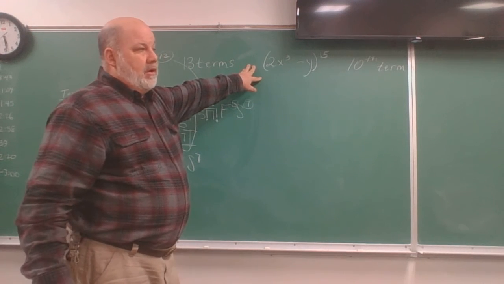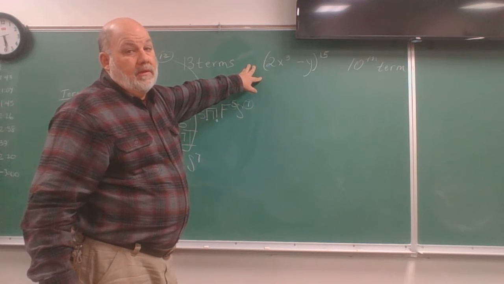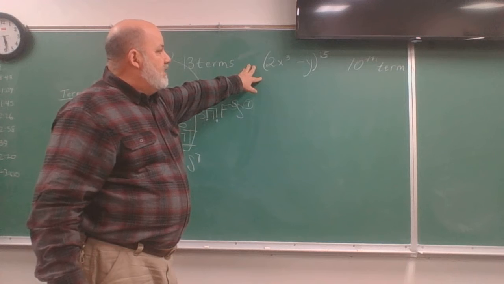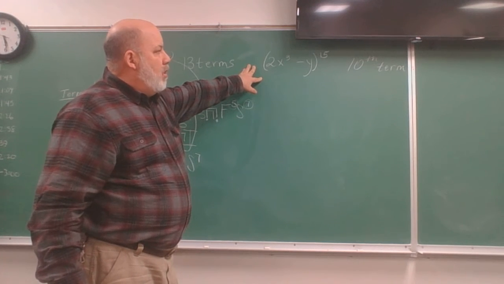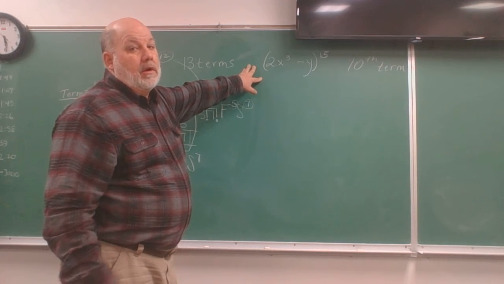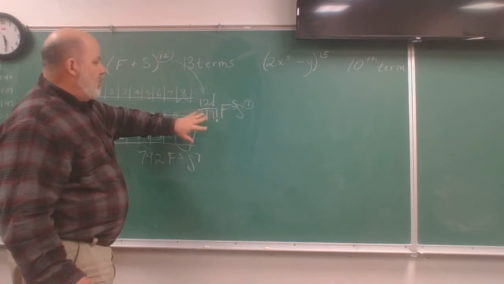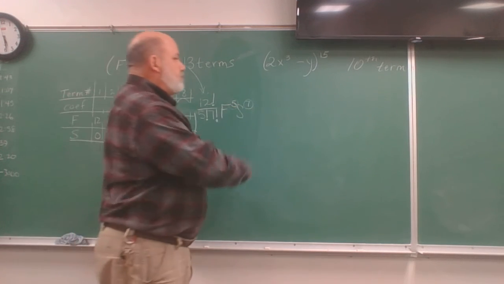This is the third example in this lesson. It says find the 10th term of 2x cubed minus y to the 15th power. Several things are going to be going on here, but first of all, we're going to deal with how you find the coefficient and how you find the powers.